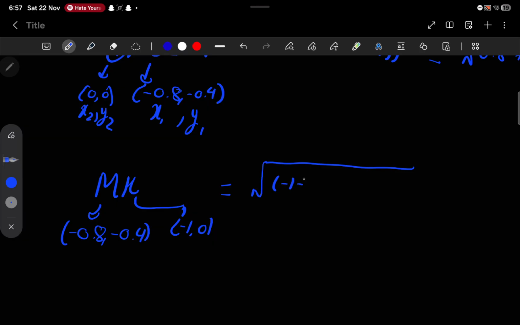Negative 1 minus 0.8 squared plus 0 minus 0.4 squared. So this equals, really just quickly, minus 1 minus 0.8 all squared, plus 0.4 all squared, radical 5 over 5 units.